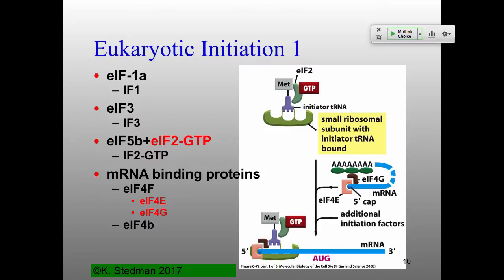Yes? So the Shine-Dalgarno sequence is upstream from the bacterial initiation site, that's 5' on your messenger RNA from the AUG where you're going to start.